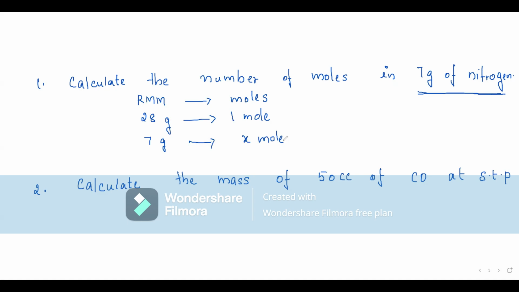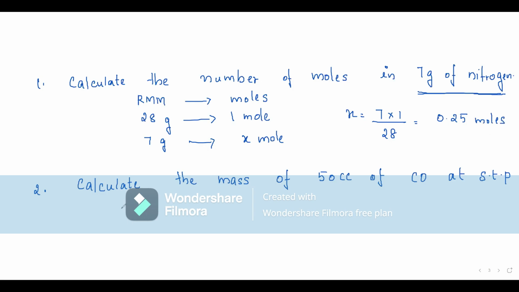So how do we solve for X now? X is equal to 7 into 1 by 28, which is equal to 1 by 4, 0.25 moles. That is the answer.